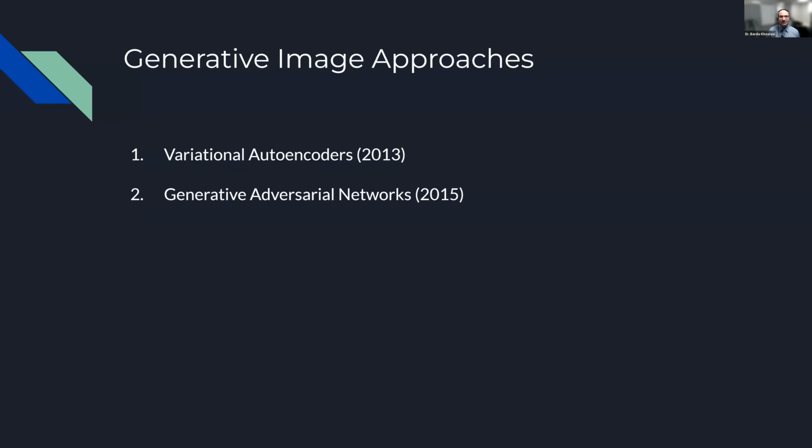You probably have seen the results of this type of networks. If you go to the website This Person Does Not Exist, you see a lot of faces that were created using this technology. And lastly, diffusion models, which really took off in 2020. They were introduced back in 2015, but they took off in 2020, and they are currently the state-of-the-art generative model, or the backbone of the current state-of-the-art generative models.